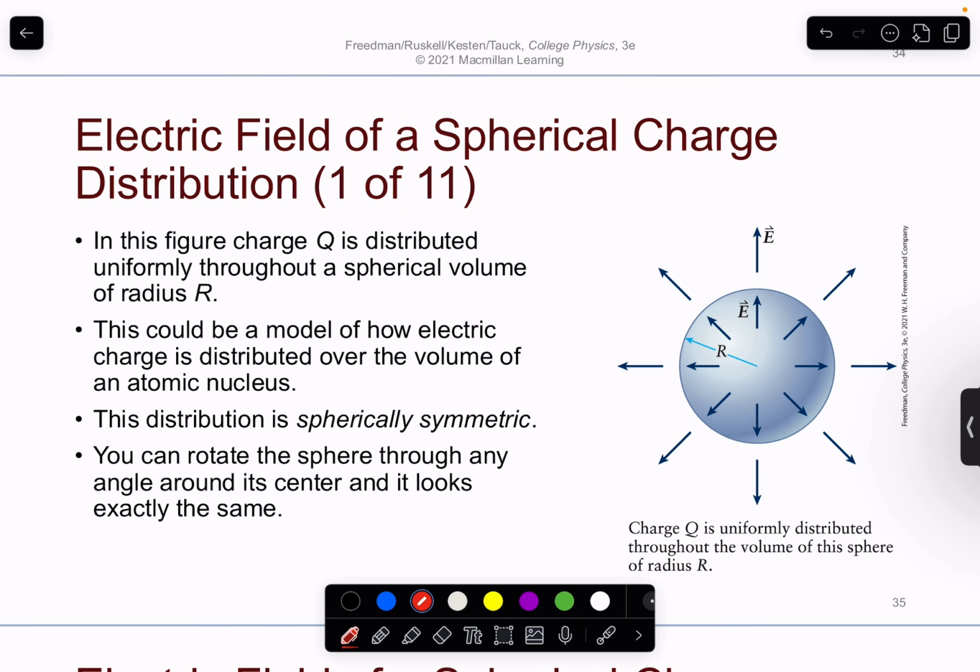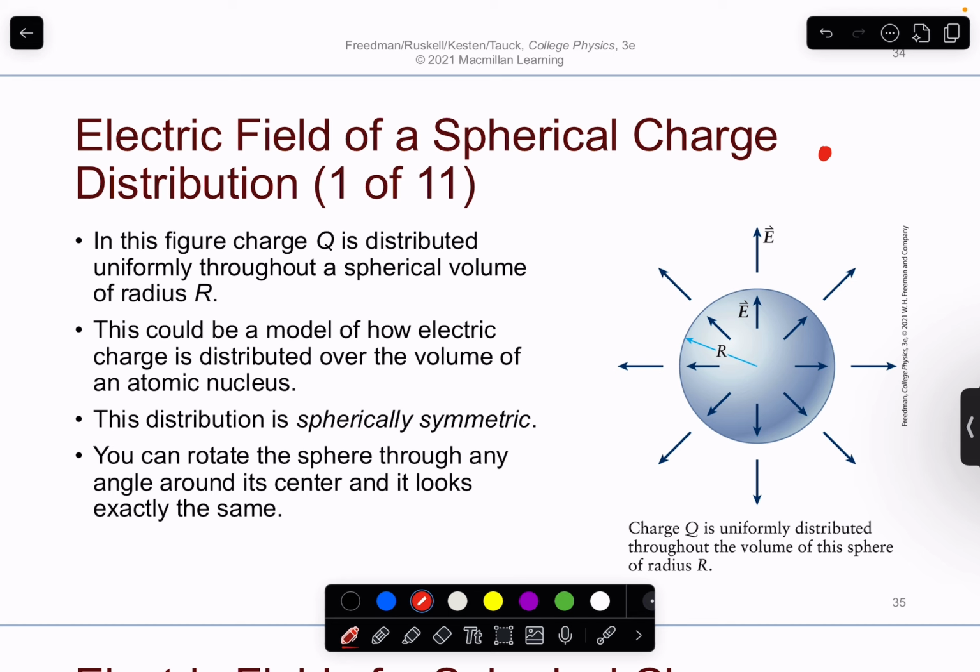So we can look at a spherical charge distribution, okay? Up until now, we have been dealing with point charges. The assumption made about a point charge is that it's really, really small and takes up one point in space.